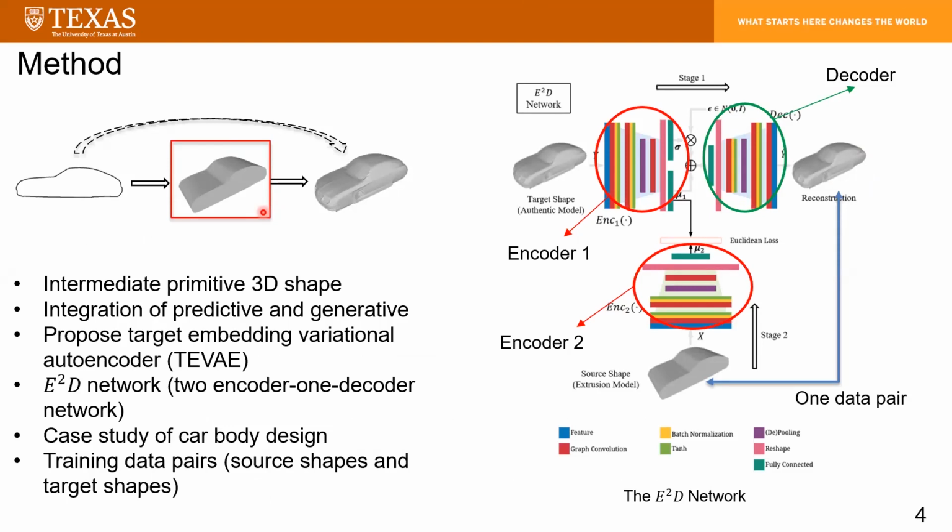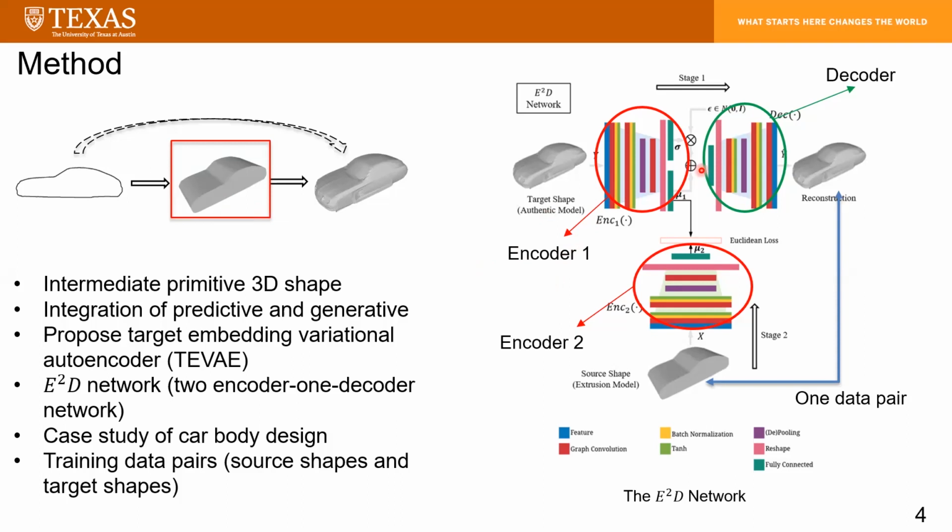Also, considering integrating the generative function into this method, we propose the target embedding variational autoencoder method, and we call it TEVE for short. Following the structure of this TEVE, we built an E2D network, which has two encoders, encoder 1 and encoder 2, and one decoder here.